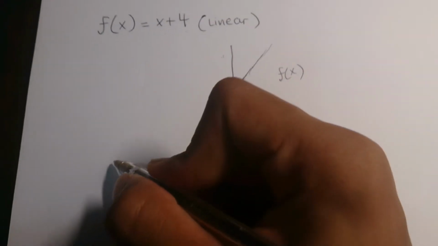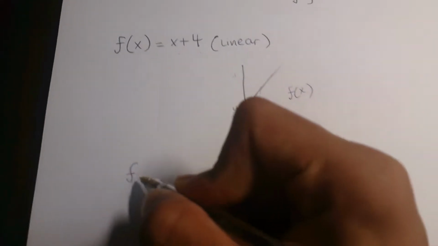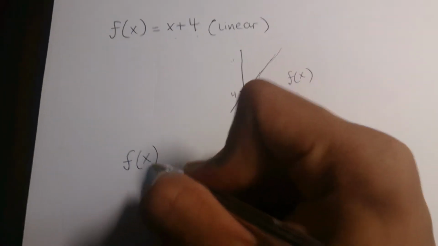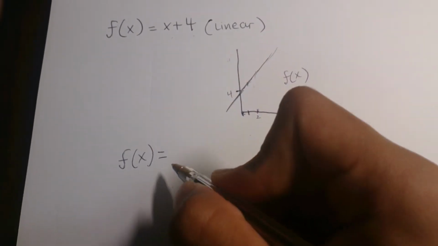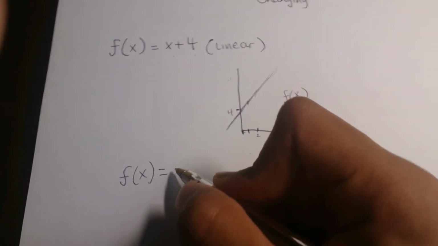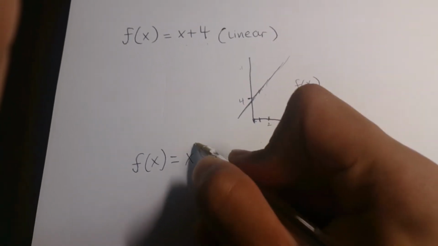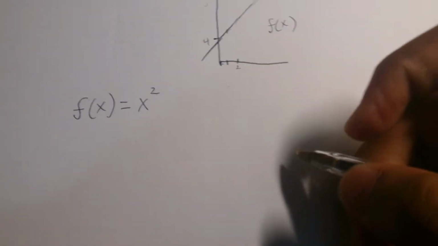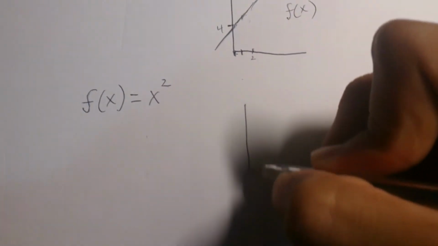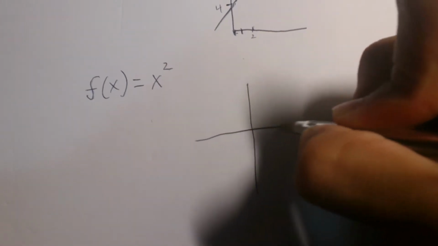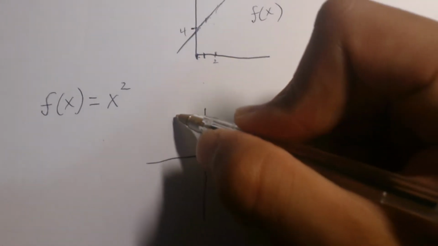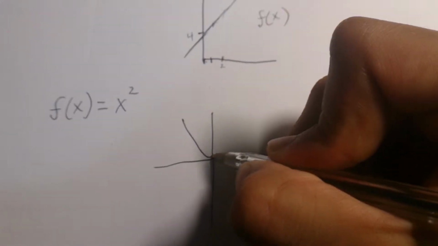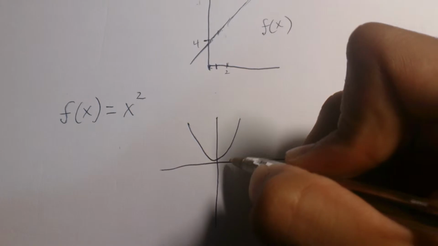Now, how about I take a function defined by f of x is equal to, I don't know, x squared. What if I graph this? How will it look? Well, it turns out that this function will look something like this.